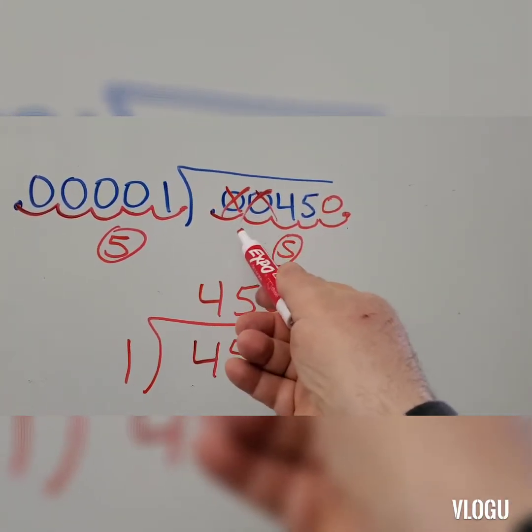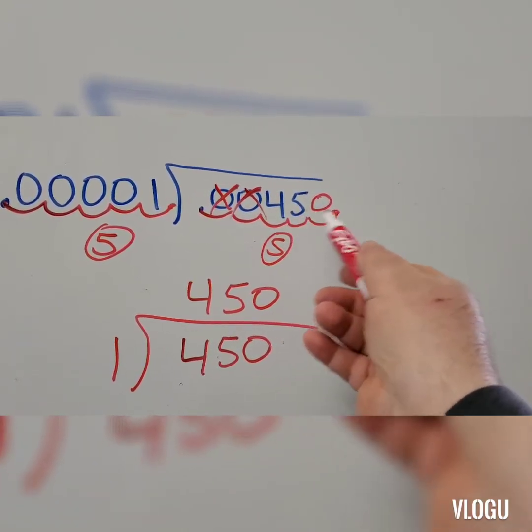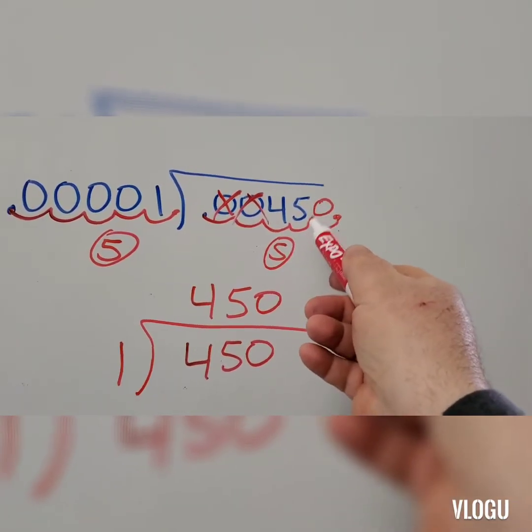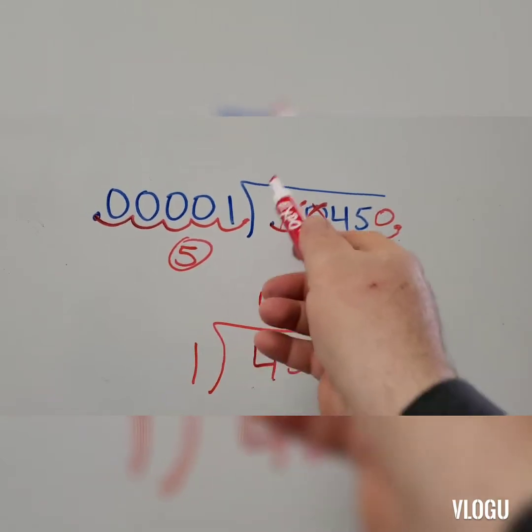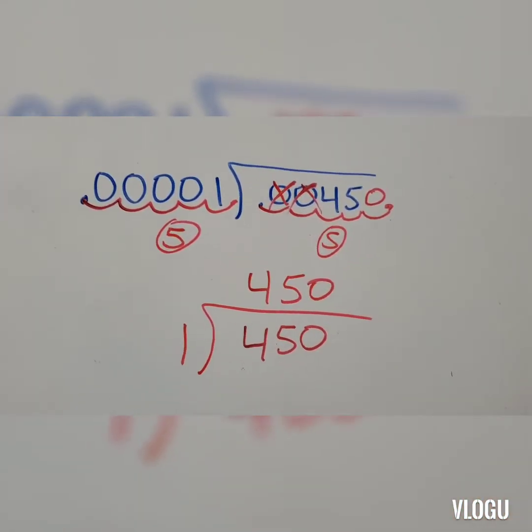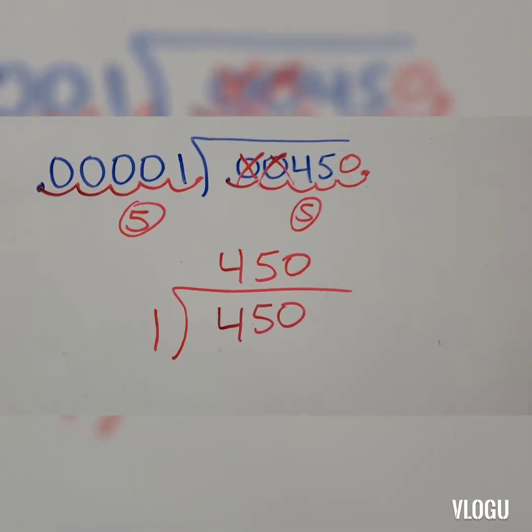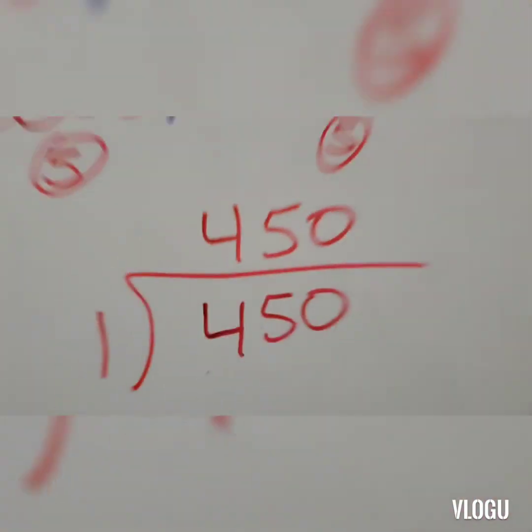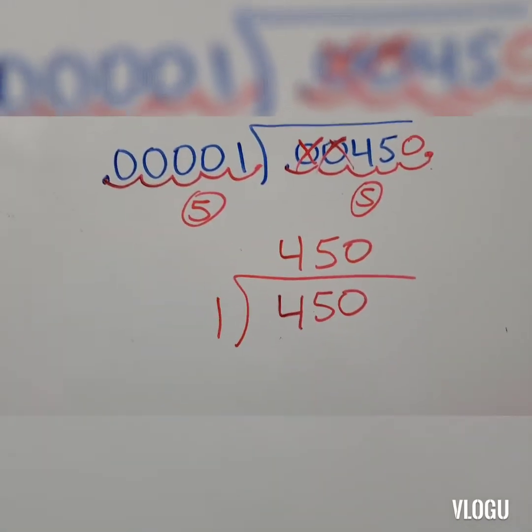You don't need the zeros at the beginning of a whole number. And we've just turned this into a whole number by blooping, by dancing 5 spaces to the right and 5 spaces to the right for a grand total of 450. Very low-tech special.